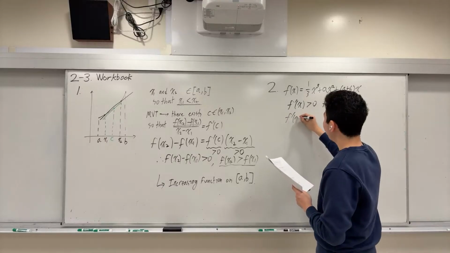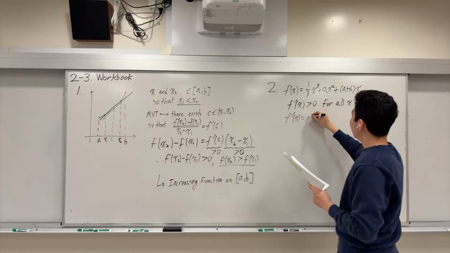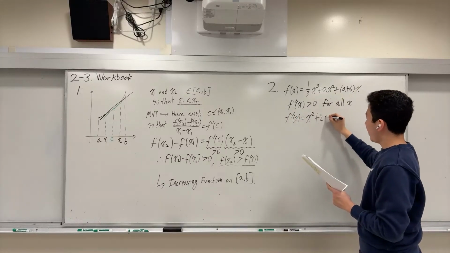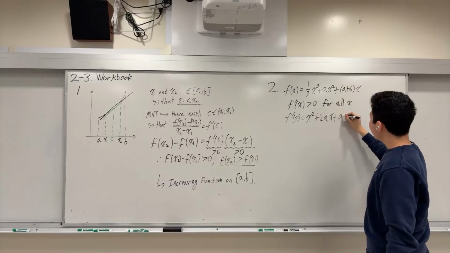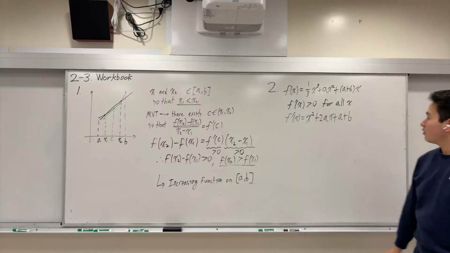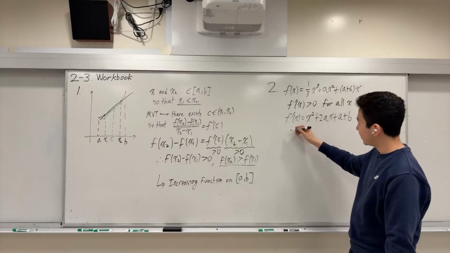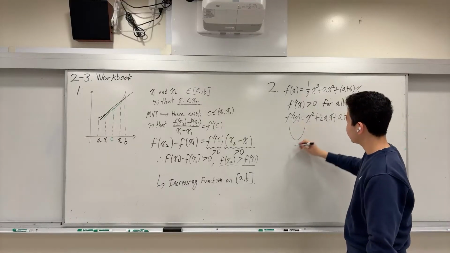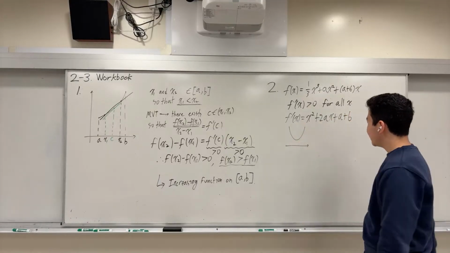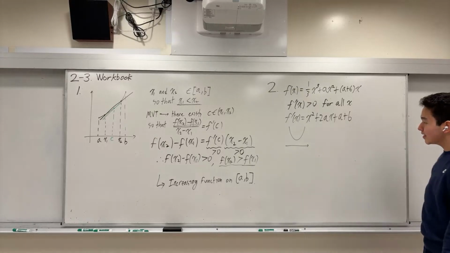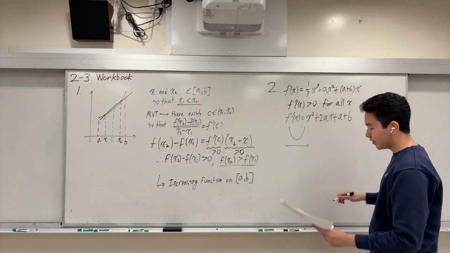Let's say f prime of x equals x squared plus 2ax plus a plus 6. Now, as you recall, if this has to always be greater than 0, this is a concave up parabola. That means the discriminant has to be less than 0 in order for this to not touch.